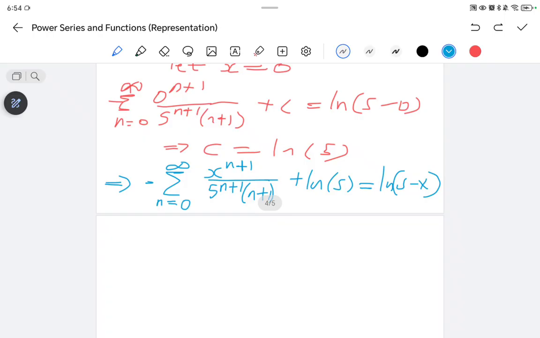Try to find the R from this series. There are many ways you can find R, so find it anyhow. Then I'll show you the easiest one.